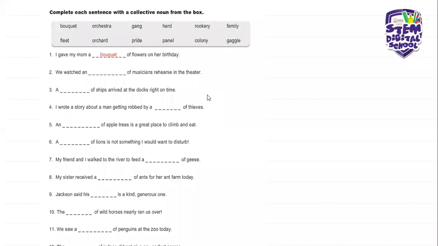My sister received a panel of ants for her ant farm today. Okay. Piwa. My sister received a No, colony, baby, of ants for her ant farm today. Piwa, do number 9, baby.